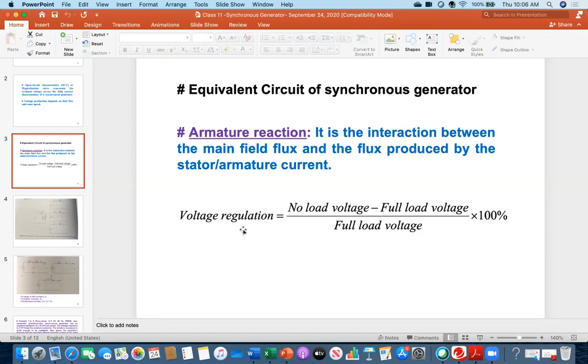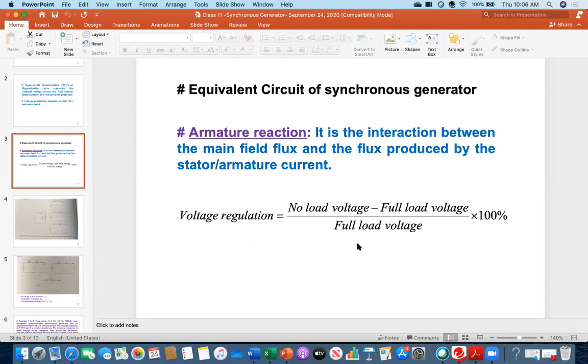And voltage regulation is very important in a power network, because it indicates how effective your system is. If you see that there is a huge difference between no load voltage and full load voltage, this means the voltage regulation will be poor.